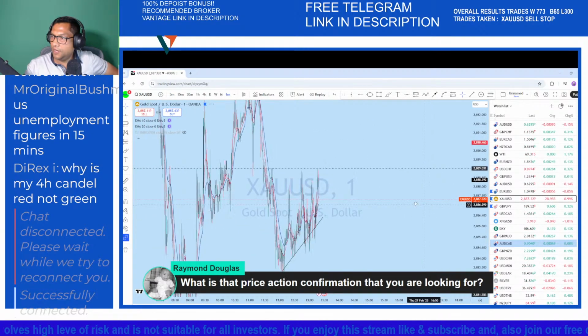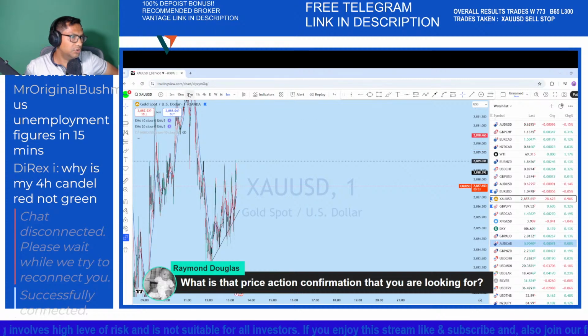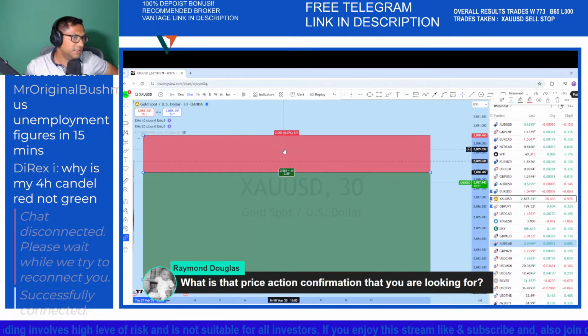We've seen the gap open and then a rejection. So let's see if this means something here.